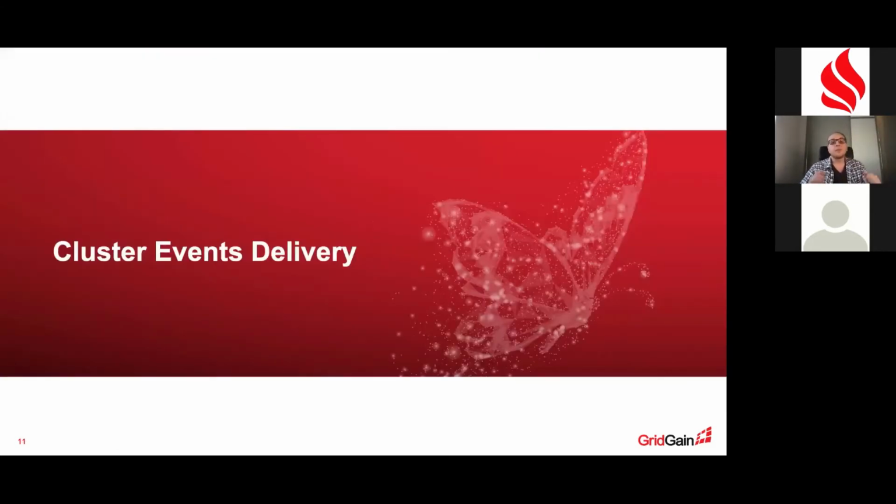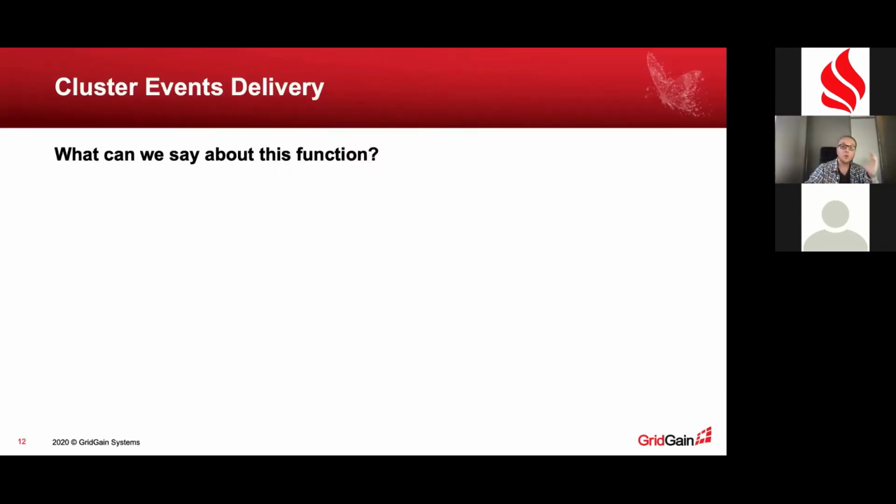The next one is cluster events delivery. And what can we say about it? Delivering cluster events means that if the system state has changed, if the state of, say, a single node has changed, such that all other nodes need to know about that, we need to provide some protocol to be able to do that.